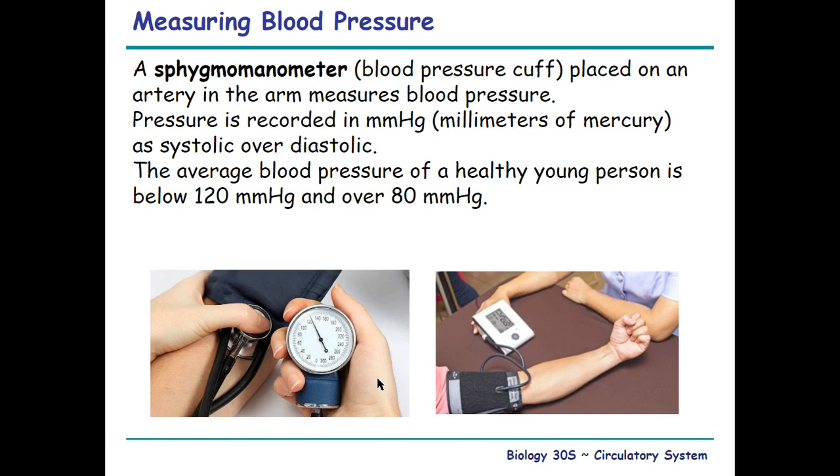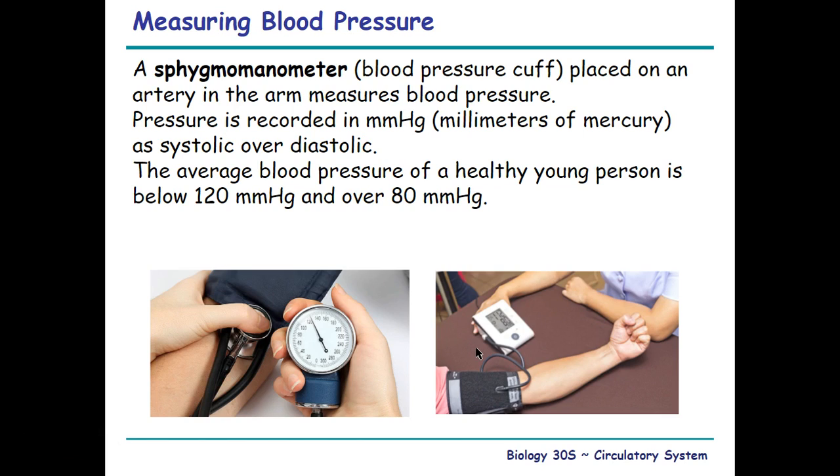Pressure is recorded in millimeters of mercury as systolic and diastolic, systolic over diastolic. The average blood pressure for a healthy young person is below 120/80, or 120 millimeters of mercury over 80 millimeters of mercury.